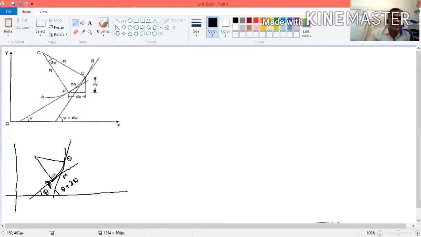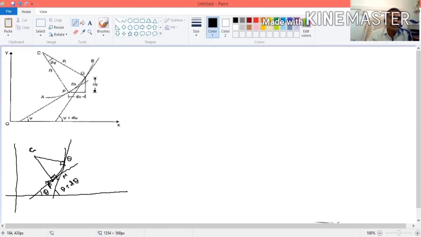This is 90 degrees, and this is also 90 degrees. Now I am taking this point as C. Now I have to derive a differential equation for this. What will be this angle? That you have to find.